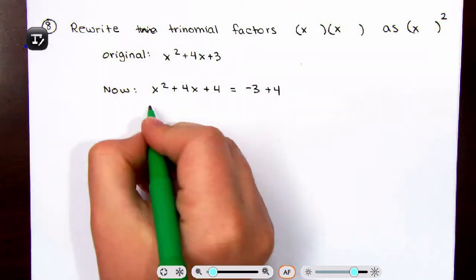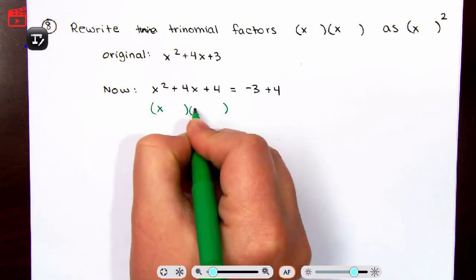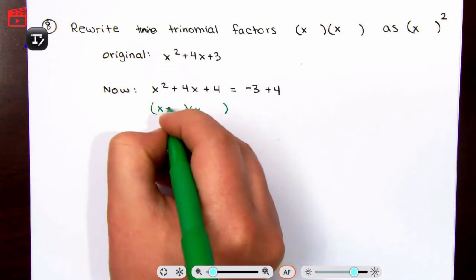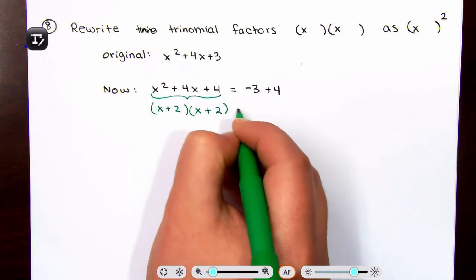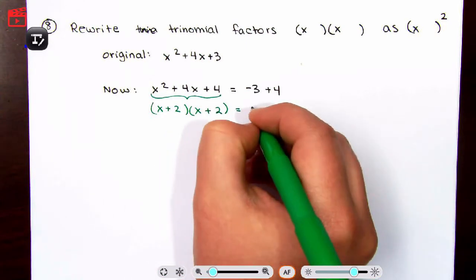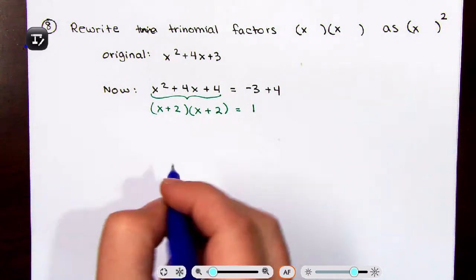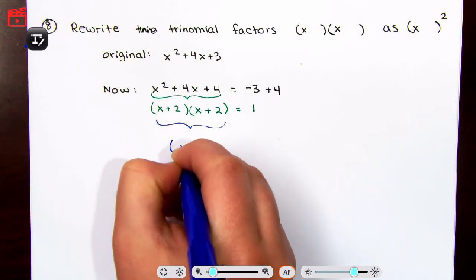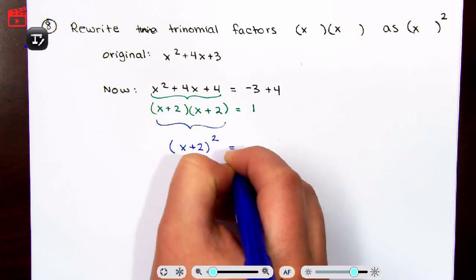Then we wrote this out as a factored trinomial. So here's two binomials that multiply together to give me this here. And we simplified that right-hand side, which is a positive 1. Now, what I'm asking you to do in step number 8 is to write these two factors as x plus 2 squared equal to 1.